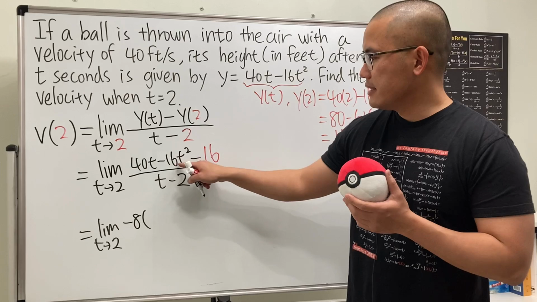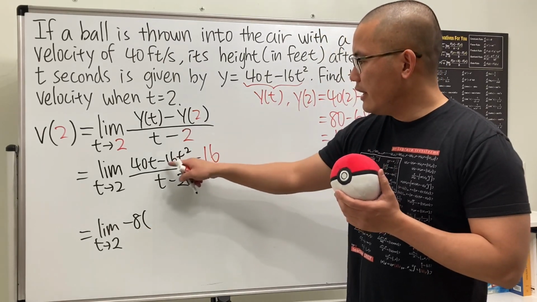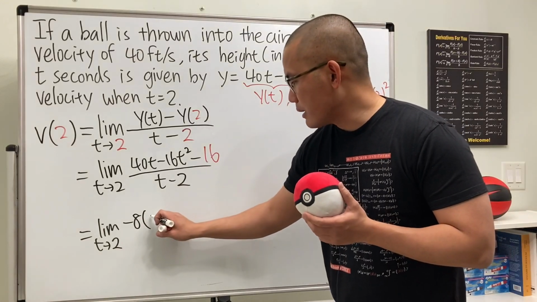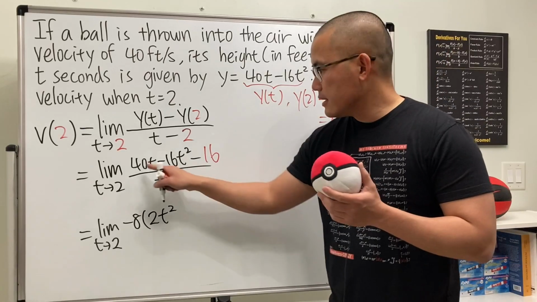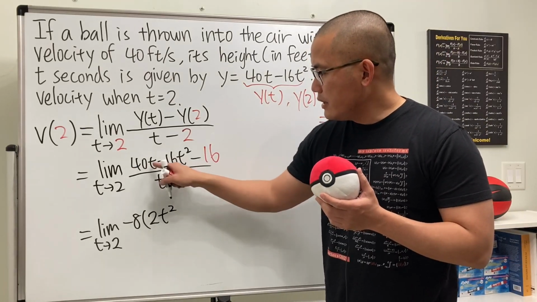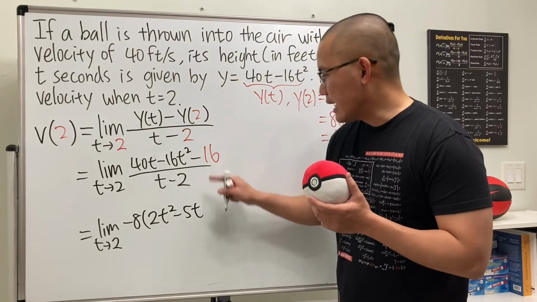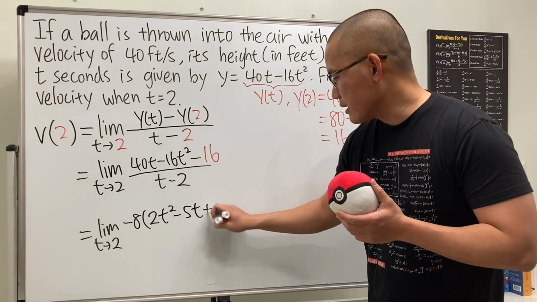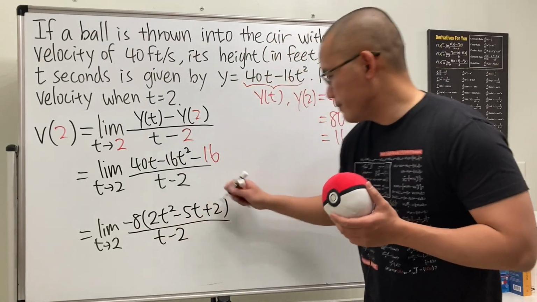Originally, we have negative 16, but we took out negative 8. You can just divide. Negative 16 divided by negative 8 is positive 2. And then this is the t squared term. Next, originally we have 40t, we divided by negative 8, so that's going to be minus 5t. And lastly, same thing, we get positive 2. And all divided by t minus 2.